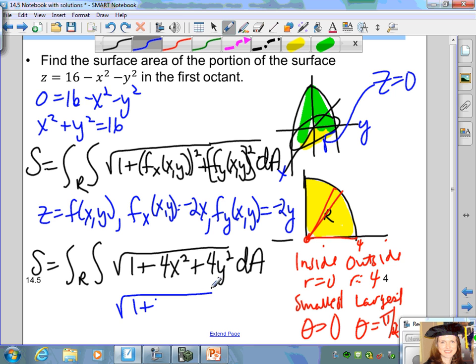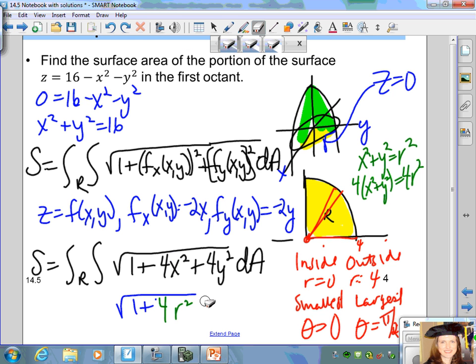4x squared plus 4y squared, using the conversion equations, we know x squared plus y squared is equal to r squared. So if we have 4 of these x squared plus y squared, then that's the same thing as 4r squared. So we're going to be making the substitution here, the square root of 1 plus 4r squared.